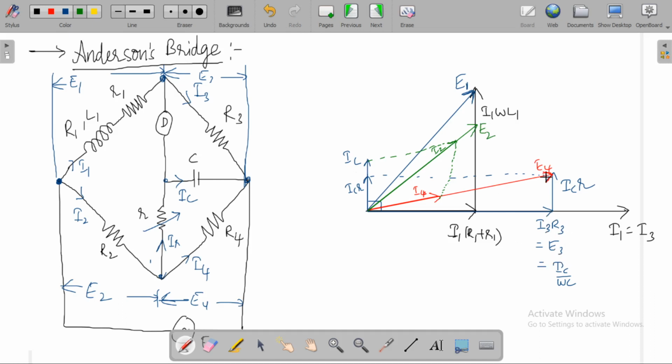This is E3, E4, E2 and E1, right? Now what is E? E is the phasor sum of E1 and E3, or E2 and E4.